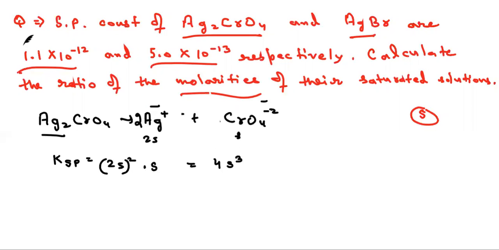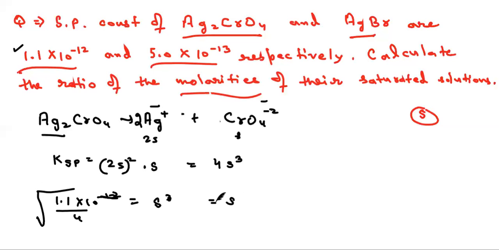Ksp is already given to us, 1.1 into 10 to the power minus 12. So it is equal to 4s cubed, and if I take the cube root of that, I would get the s, isn't it?